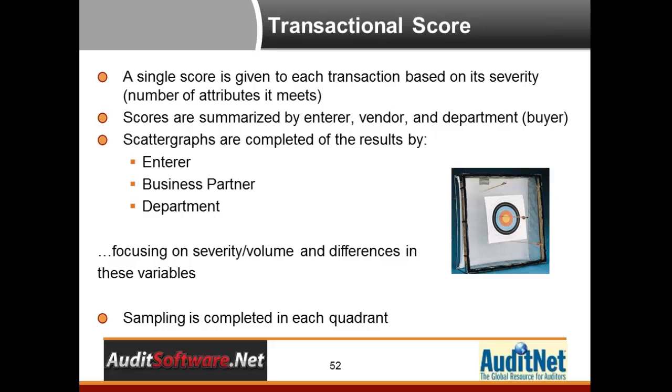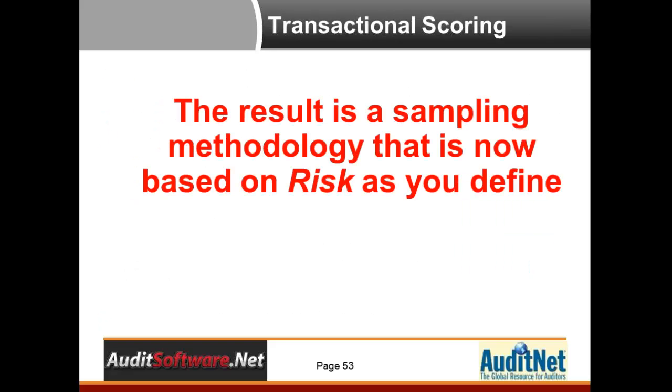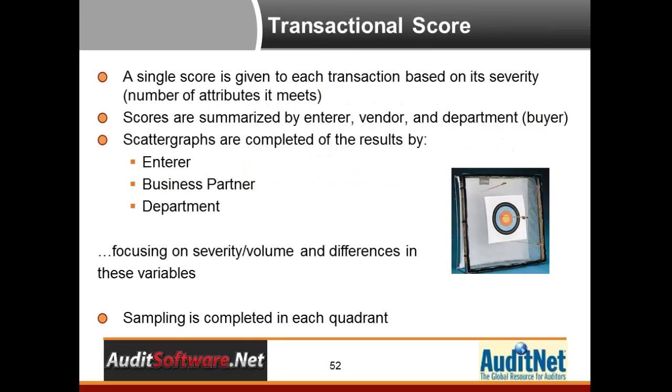And then what you could do is sample in on each quadrant of that transactional score. What I like about this approach is that the result is now a way of calculating risk. So you can actually mathematically calculate your risk and then look at it across your entire organization.